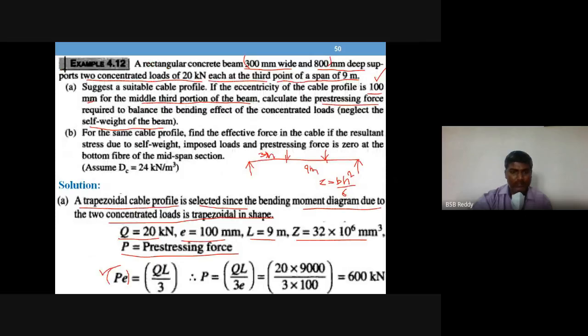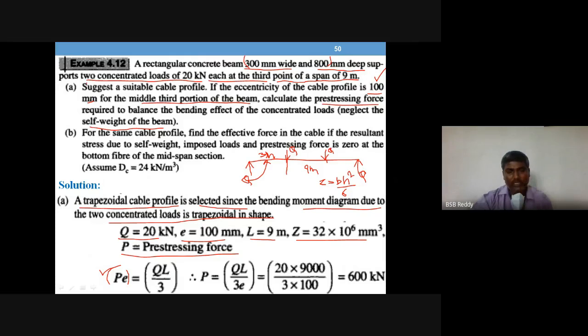The bending moment due to the load: say this is Q, and the reaction is Q. The bending moment will be maximum under the load. So the moment to the left of the section is Q into 3, that is L by 3, which is nothing but 3 meters.